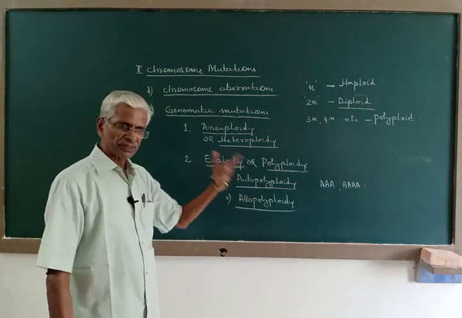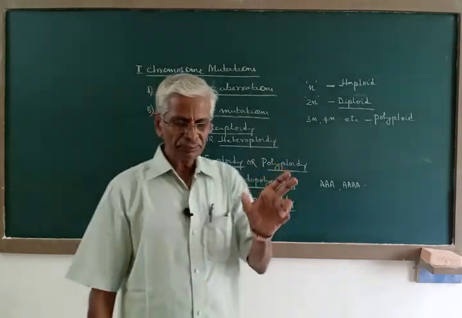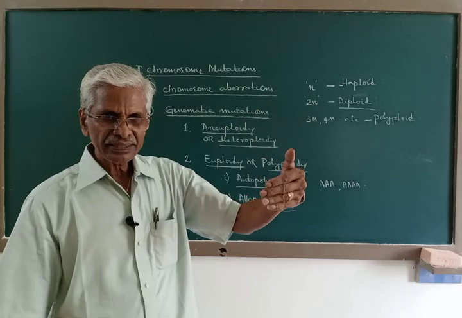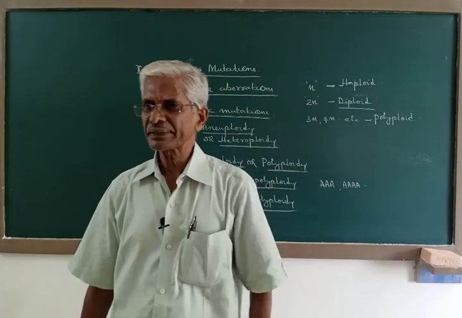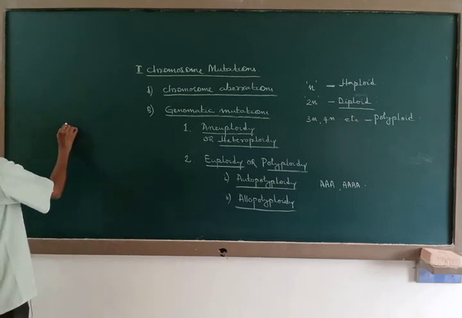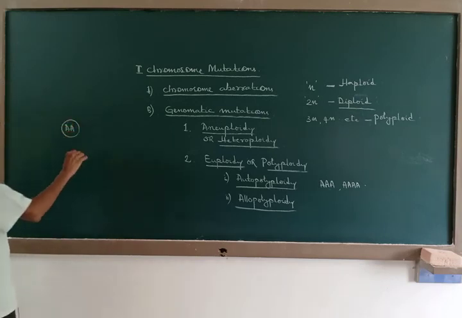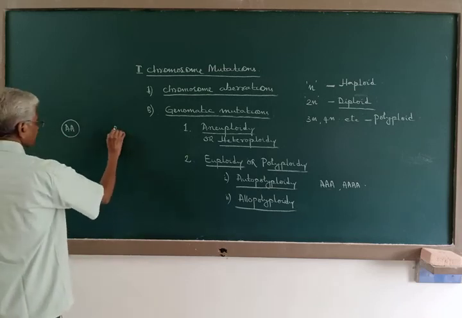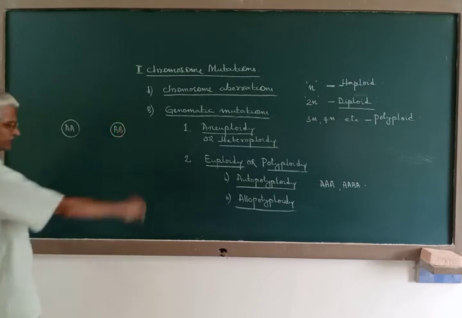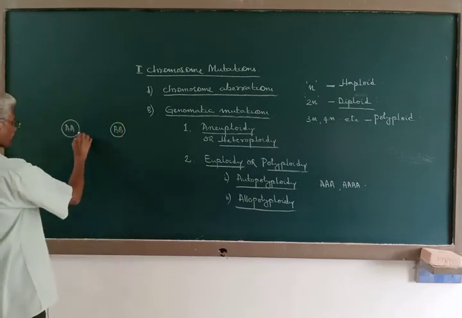Here they are produced by hybridization of two species of individuals, then the chromosome number gets doubled. You see here, there are two different species of individuals. One is capital A, another is capital B. So these two are diploid individuals.